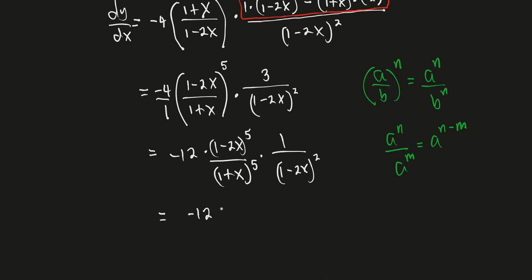I'll say this is negative 12, and then I have the quantity 1 minus 2x raised to the 5 minus 2 power, so that's 3, and then this is all over 1 plus x to the 5th power, right? So just really an exercise in algebra, really, because we got the derivative in one step, and granted, yes, we had to use two of our newer rules, that being the chain rule and also the quotient rule.